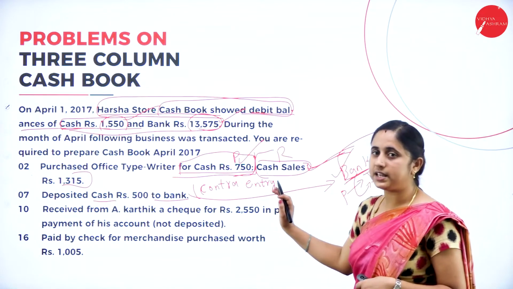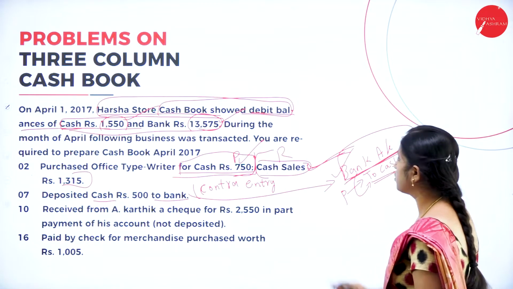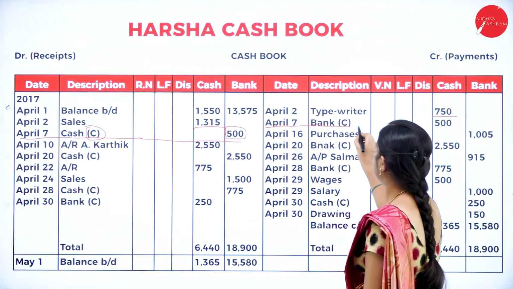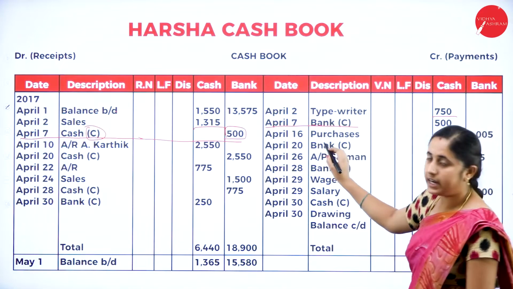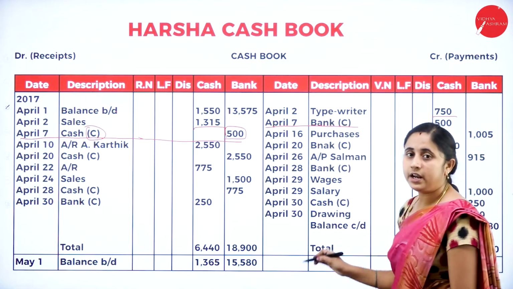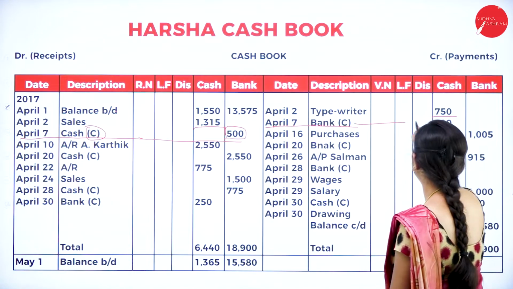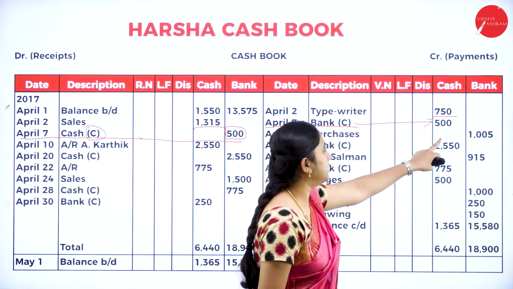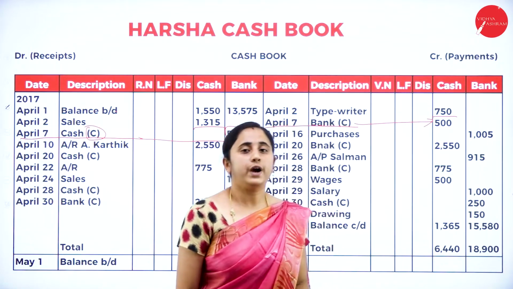That means on the credit side, the payment side, bank account rupees 500. April 7th, bank account, and within the bracket write C, that is contra entry. This is the cash transaction, so write in the cash column rupees 500.